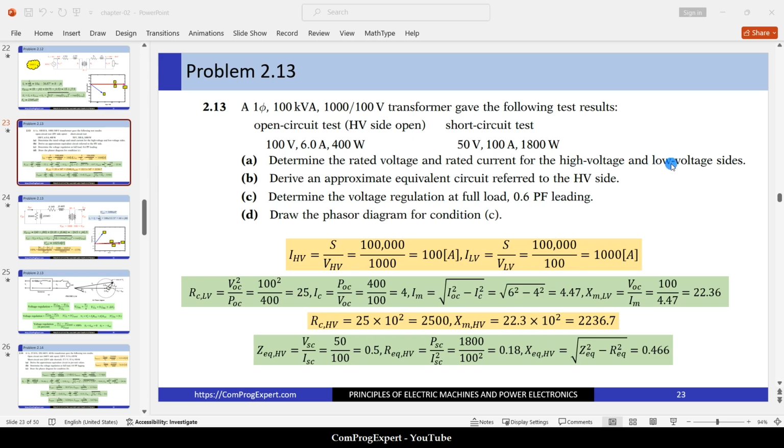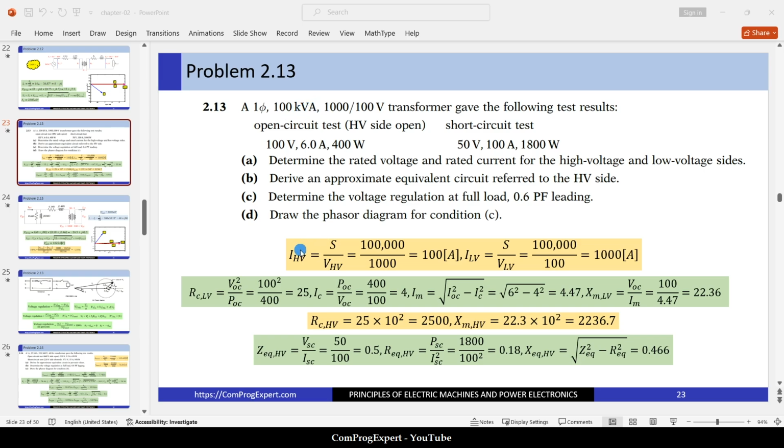Okay. The value of the rated voltage for both sides is given here. This is the rated voltage of the high voltage side, and this is the rated voltage of the low voltage side. Also, the apparent power of the transformer is given, 100 kVA.